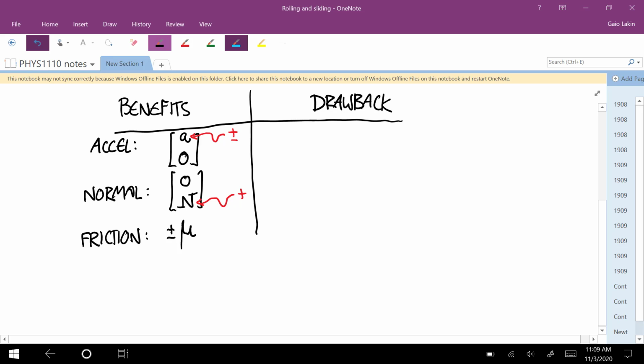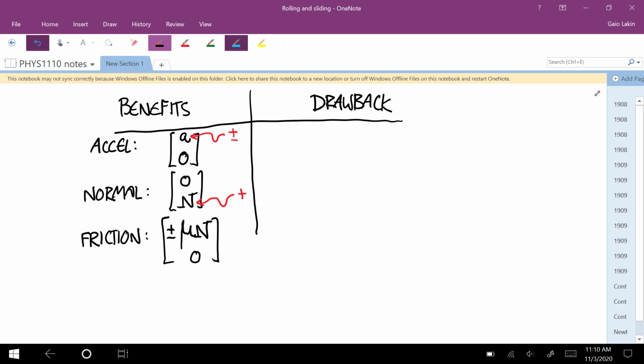We won't calculate that. So the x component is plus or minus coefficient of friction times the normal, and then 0 for the y component. So instead of the acceleration, the normal force, and the friction force having x and y components that you have to use sine and cosine for, they all have this really simple form. That's the benefit.